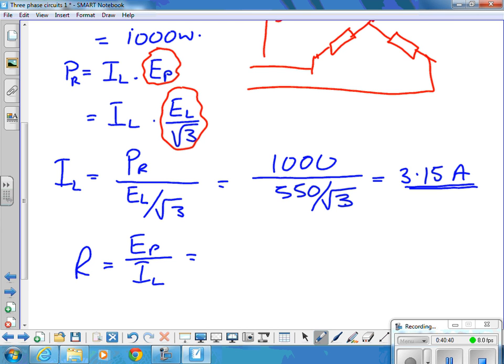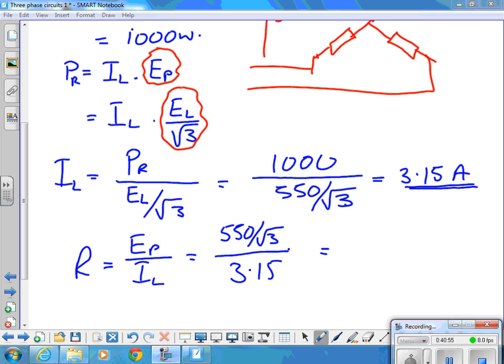That's 550 over root 3, over the 3.15 amps. That gives about 100.8 ohms.